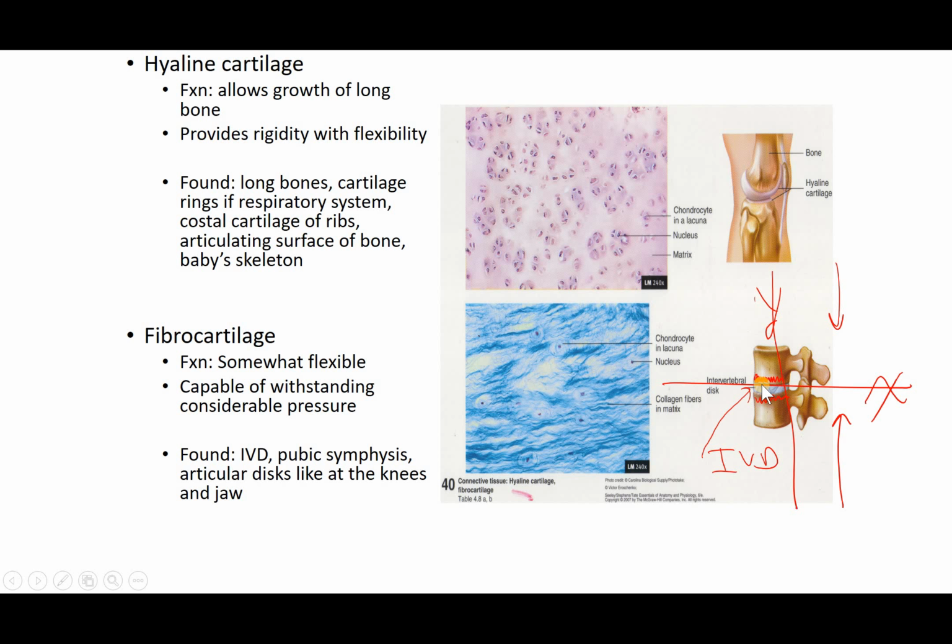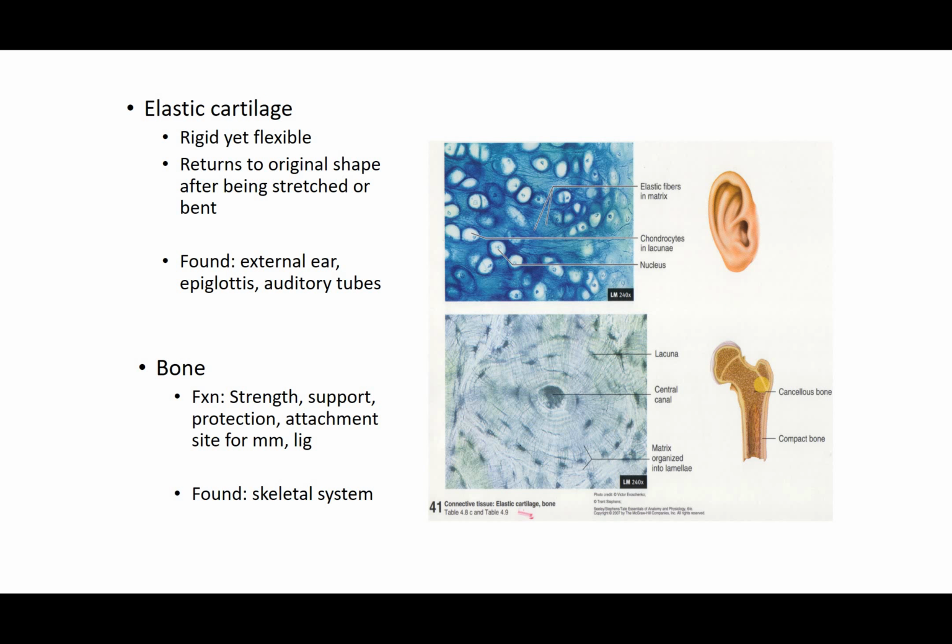Okay, so when you get degeneration or degenerative disc disease, you're going to get loss of height of that fibrocartilage. Again, we'll cover that in more detail when we get to the skeletal system. Okay, elastic cartilage, rigid yet flexible, returns to its original shape, found in the ear.